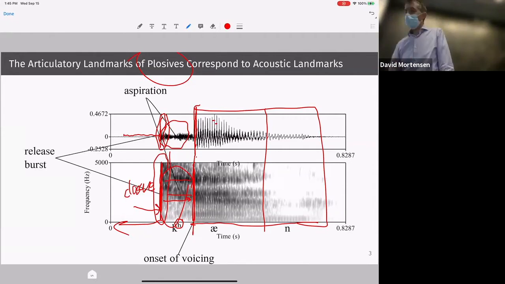And likewise on the spectrogram, there are these little striations that you can see, like there, and there, that are evenly spaced. And those correspond to the peaks on the waveform. So any questions about that? Does this make sense?